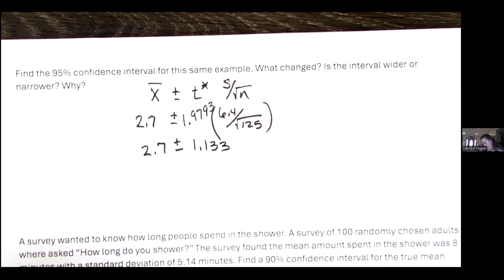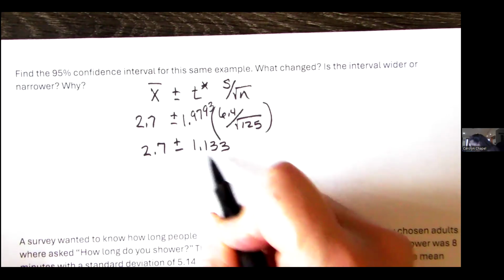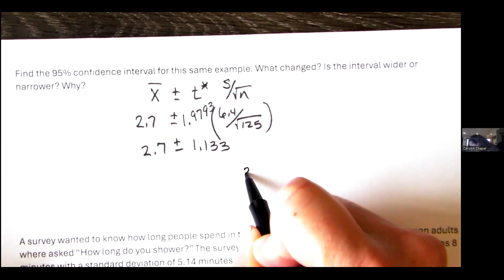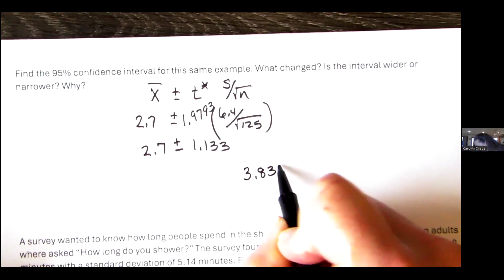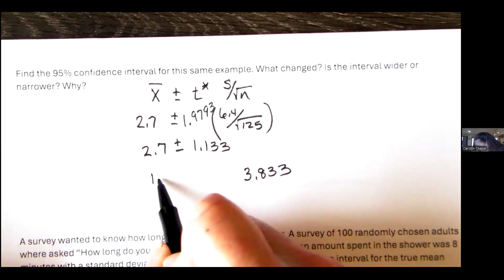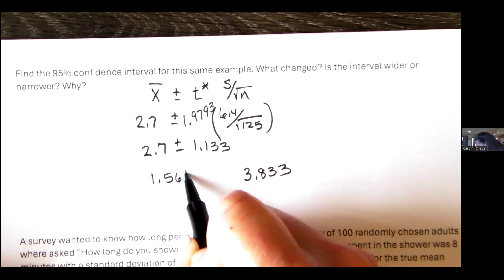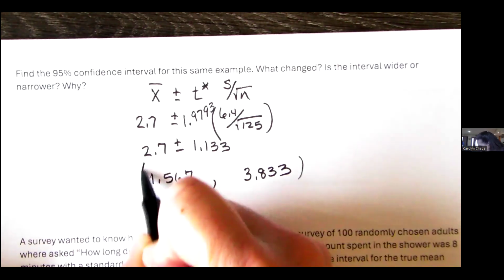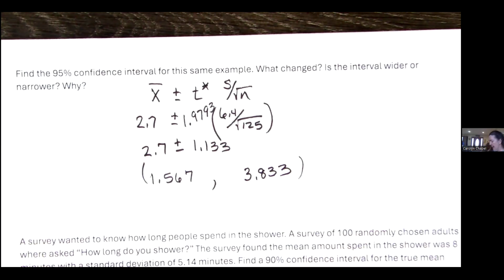And I'm just going to take 3 decimals because the next one's a 0. So that's going to bring it up. If I add these, I get 3.833. And if I subtract it from the 2.7, I get 1.567. So there's my new lower bound and my new upper bound.